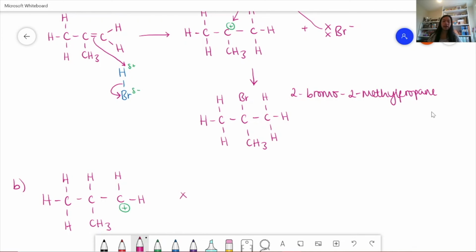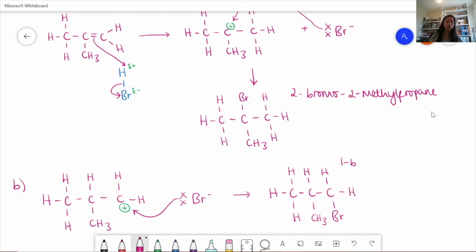And so the bromide ion would then be attracted to this positive charge on the carbon, and this time we would form something a bit different. So what we form this time is 1-bromo, 2-methyl propane.